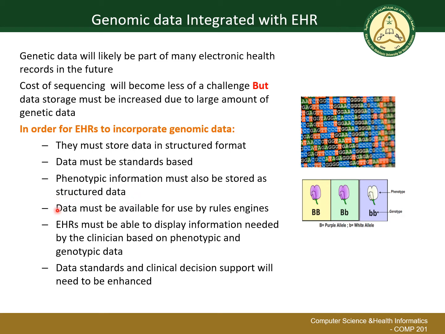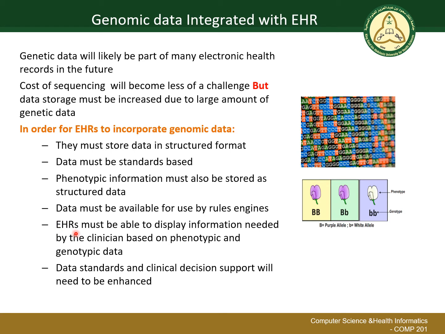Data must be available for use by rule engines. So based on rule engines, the data will be available for the professionals to use it and to group the people based on the genomic data.